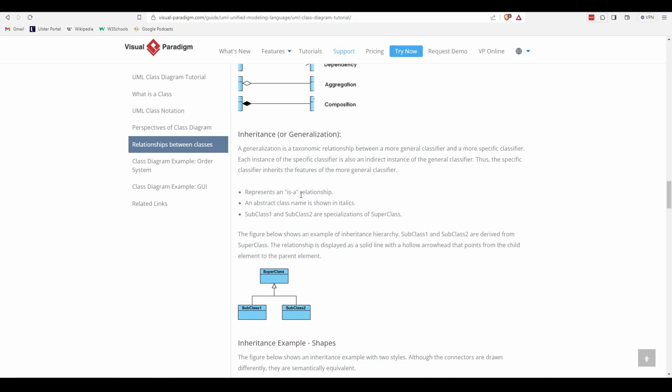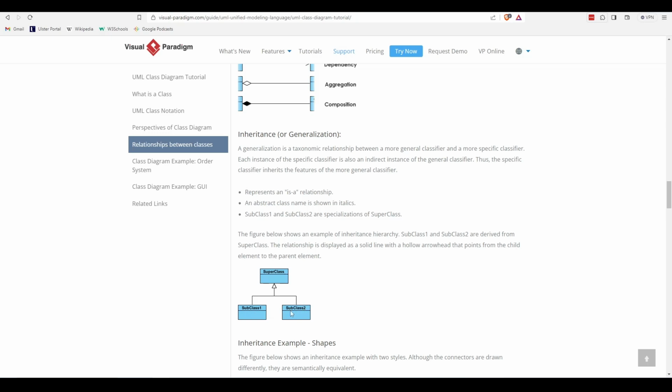An abstract class name is shown in italics. So if the parent class is an abstract class, it's typically in italics. And then subclass 1 and subclass 2 are specializations of superclass in this example here. So this hollow arrow, this triangle, is what denotes that this is a parent class, a superclass as it's sometimes known, and then these are children classes or subclasses.